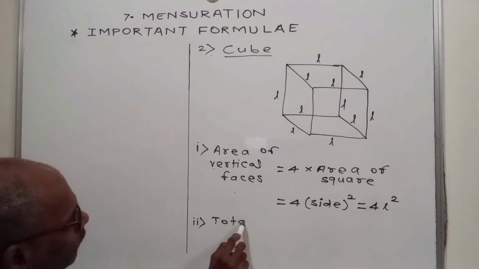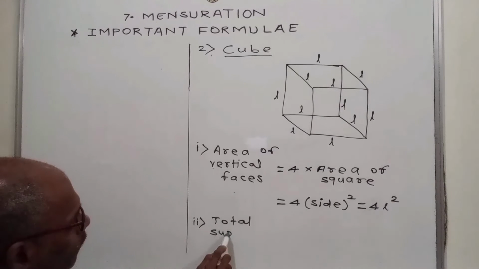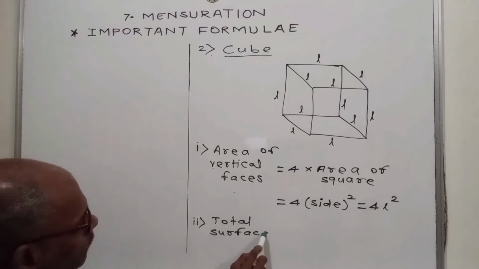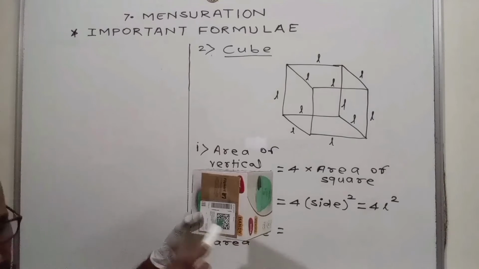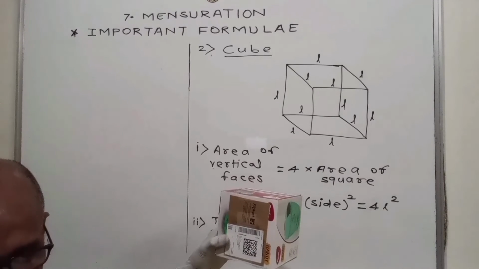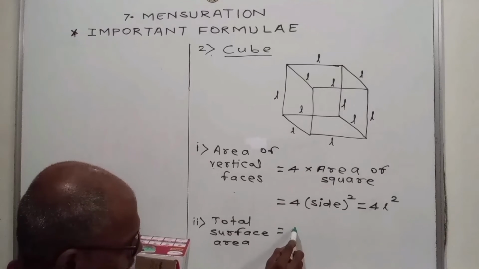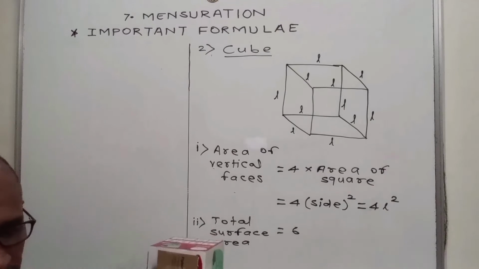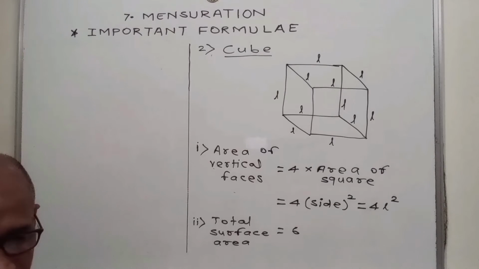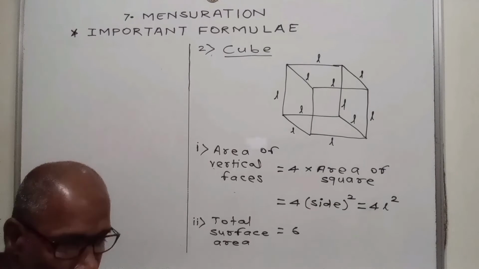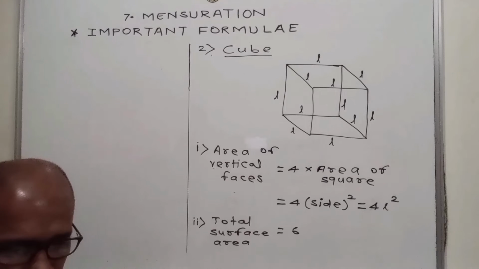Then second, total surface area. Now total surface area, how many faces are here? 6 faces, and each face is a square. 6 faces and all are congruent.